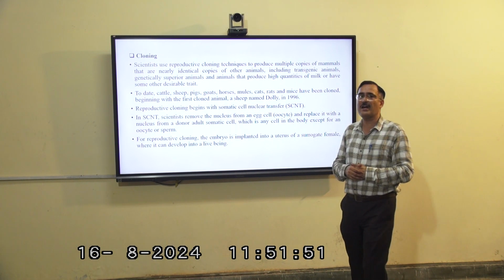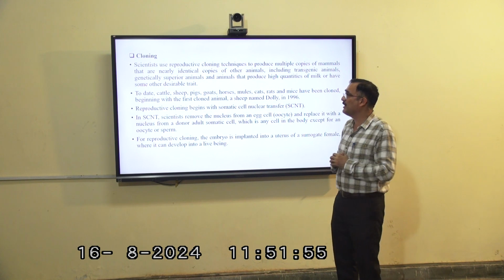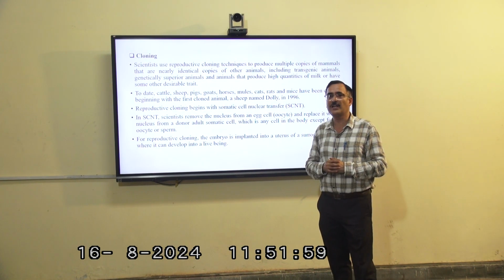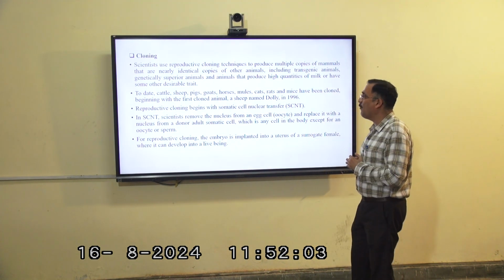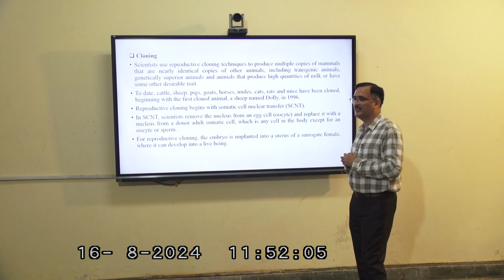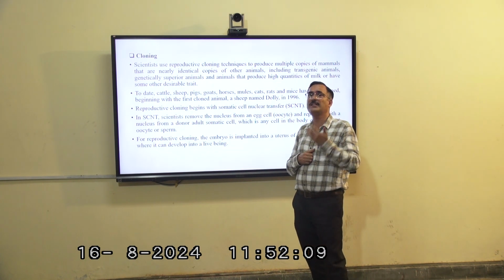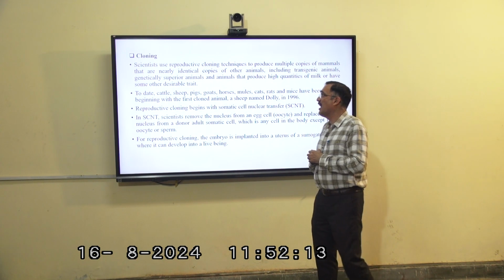Another area in animal biotechnology is animal cloning. Animal cloning, as the name indicates, is to make identical ones. These are genetically identical to the parent. How can we develop genetically identical offspring, and what is the need behind developing them?